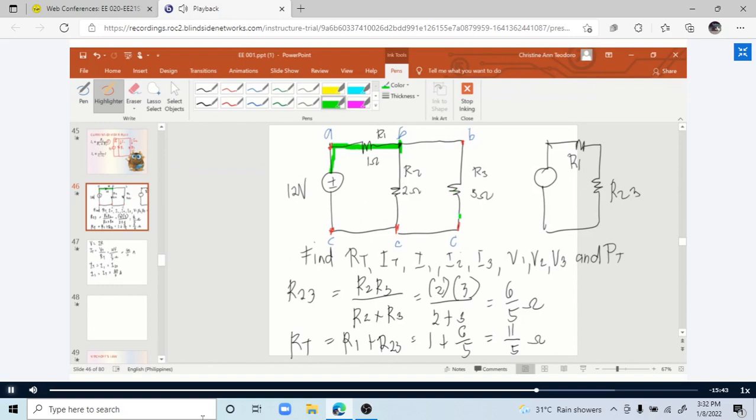It will be divided into R3 and R2. So what certain formula can we implement in order to get how much current will be for R2 and how much current will be for R3?